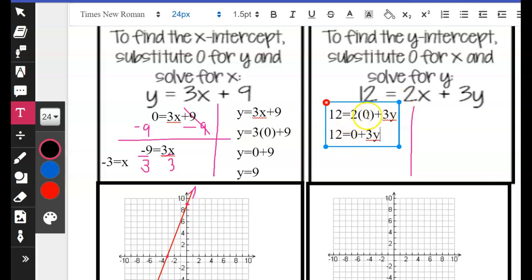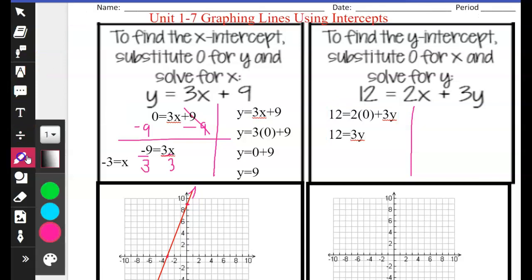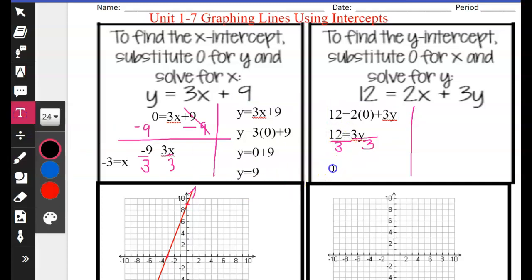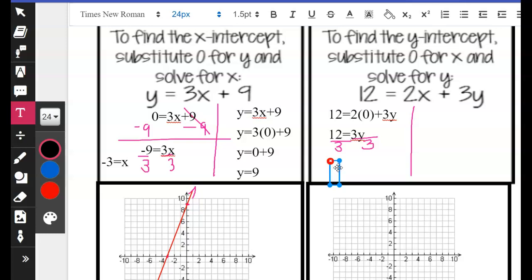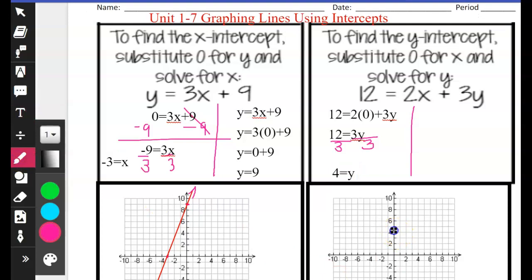Because 2 times 0 is 0, and 0 plus 3y is just 3y. Going to divide both sides of the equation by 3. And so 12 divided by 3 would be 4, is going to equal the y-intercept. So down here, on the y-axis, I'm going to put a 4.